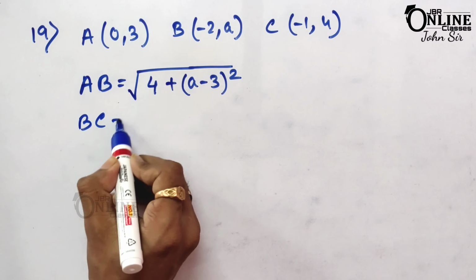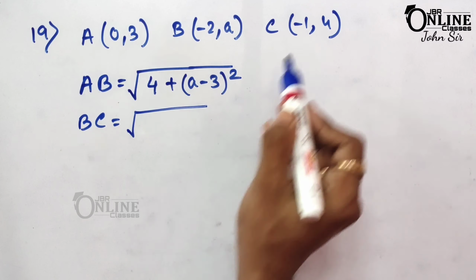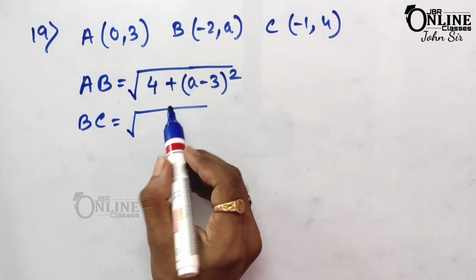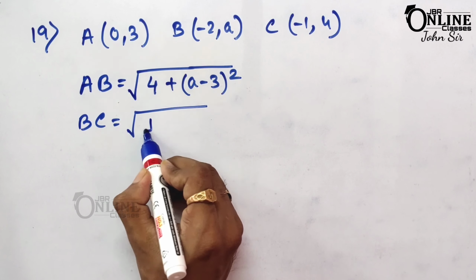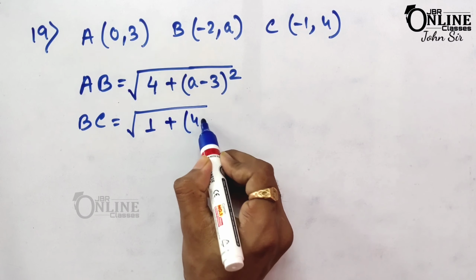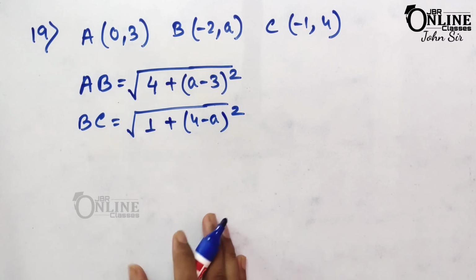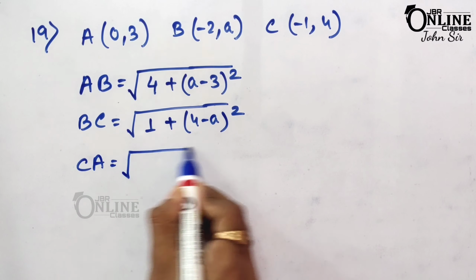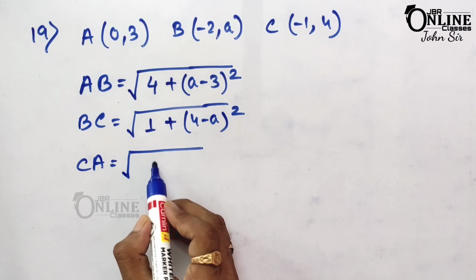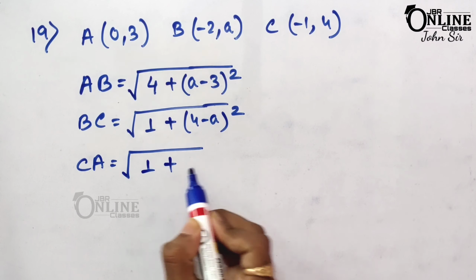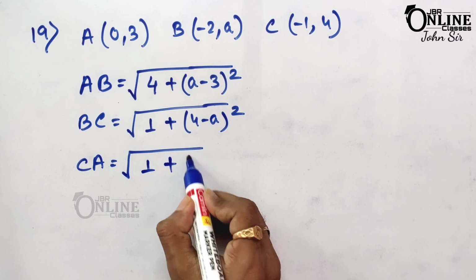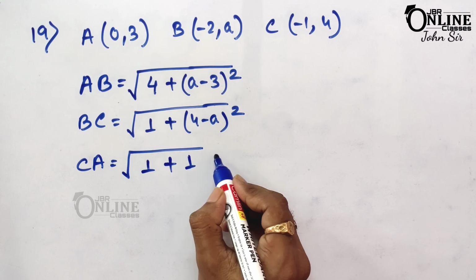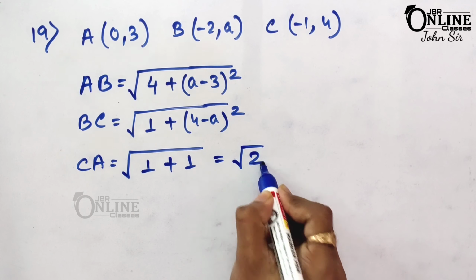Next BC. BC equals minus 1 plus 2, that means 1 only, so 1 square means 1, and next one here 4 minus A whole square. Now the third one is CA. For CA, minus 1 minus 0 will be minus 1 whole square, that means 1, and 4 minus 3 is 1, that means also 1. So here CA equals root 2.